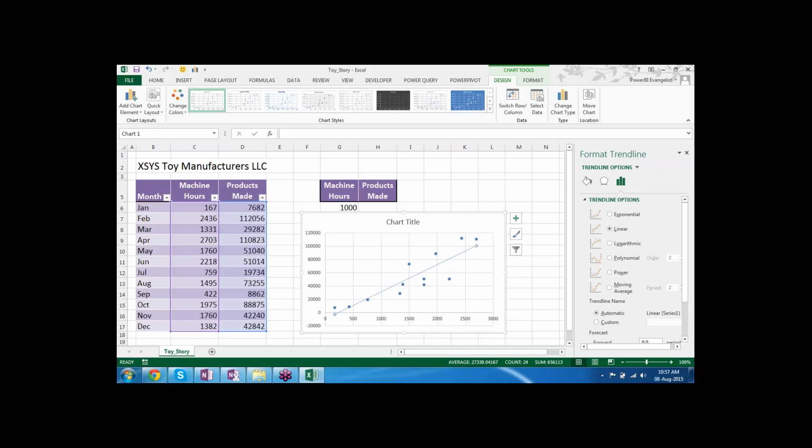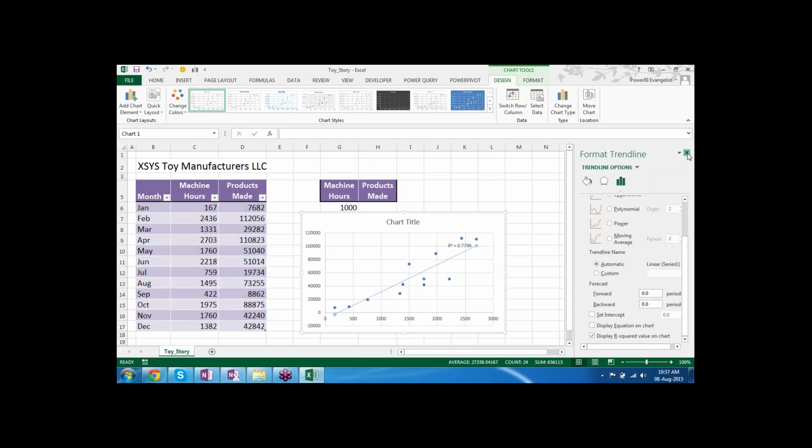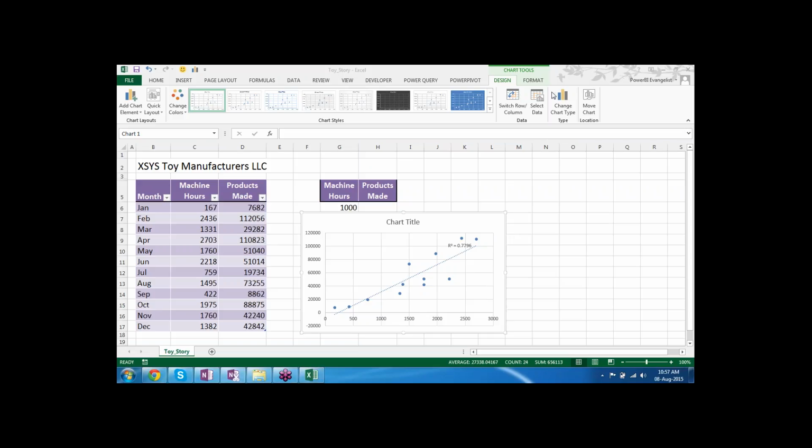The moment you say add trend line, you can see a dotted line has appeared. Then you simply click on the last option, which says display R squared value on chart, and then close this. Now let's understand what this line is all about. This line is called the trend line, and it is taken as part of the best fit.